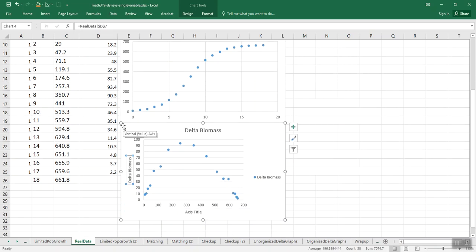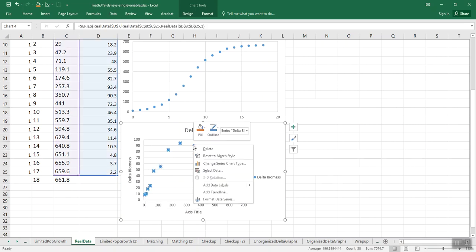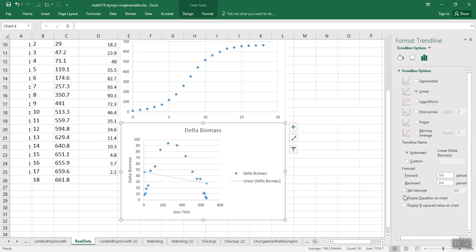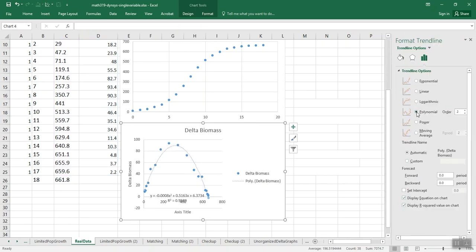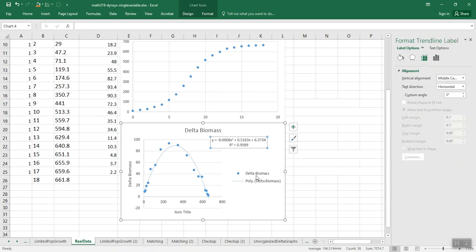And now that we see that, we can say, what pattern is going on here? Certainly not linear, maybe polynomial. So we'll fit a polynomial, and that's a pretty decent fit.